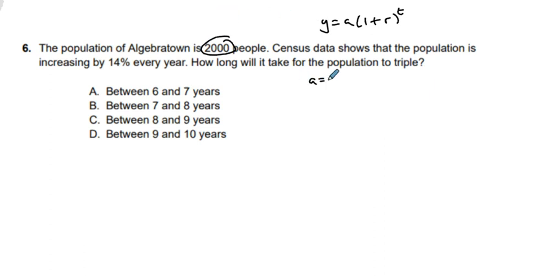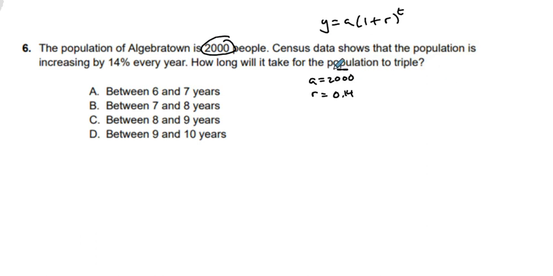So A is probably 2,000. It says census data shows that the population is increasing by 14% every year. So that's my R. All right, so that's going to be 0.14. That's what we're going to use, right? 14%, so 0.14.